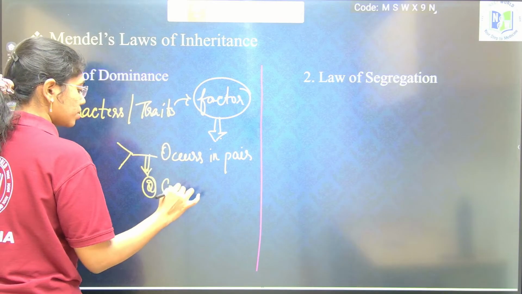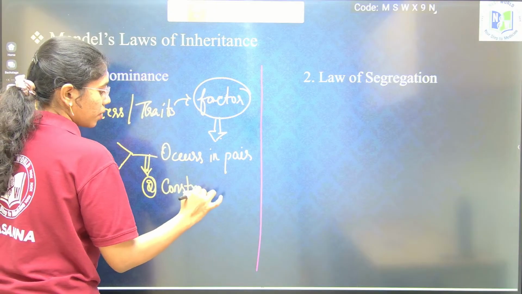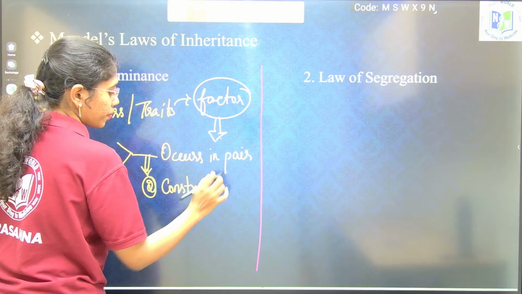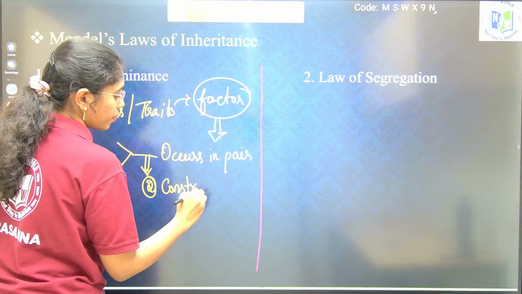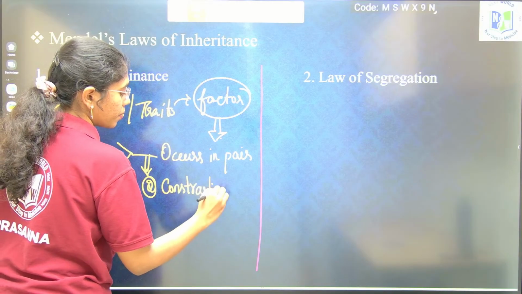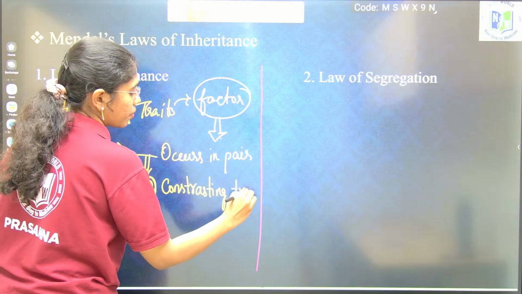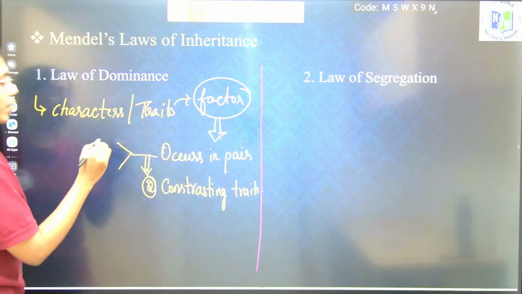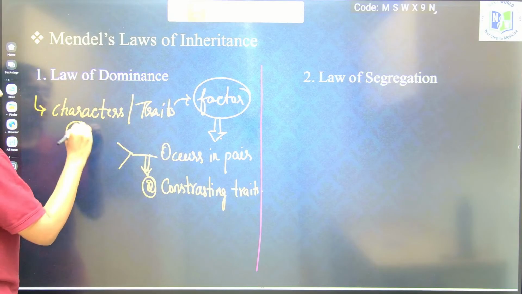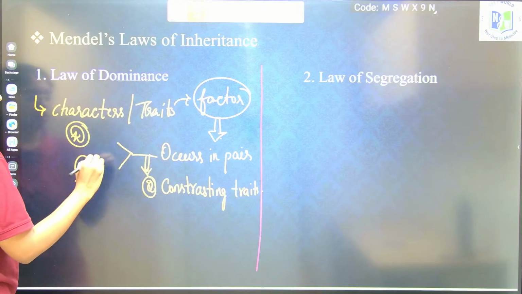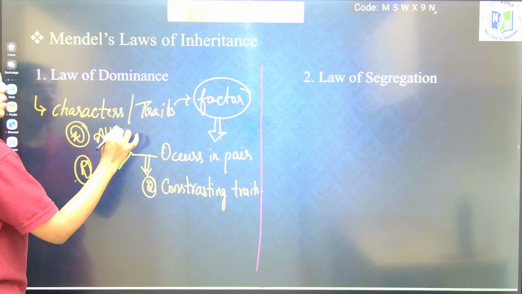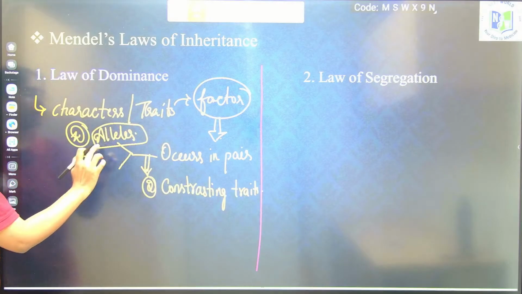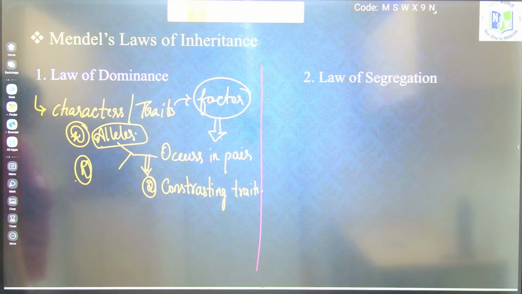Two contrasting traits, where one allele will be dominant and the other allele will be recessive. They are coded by alleles, they occur in pairs. One will be dominant and one is recessive.